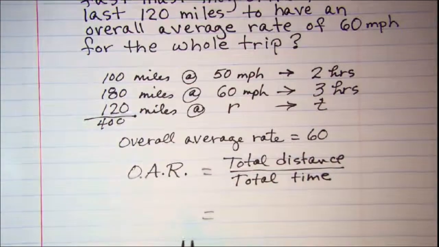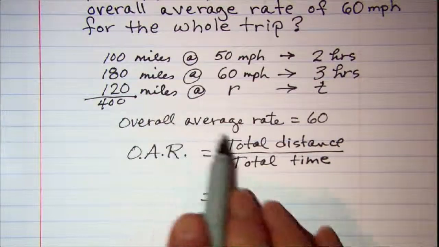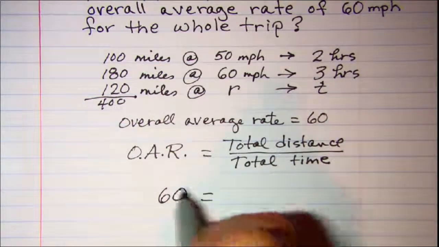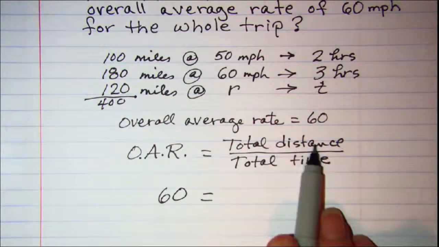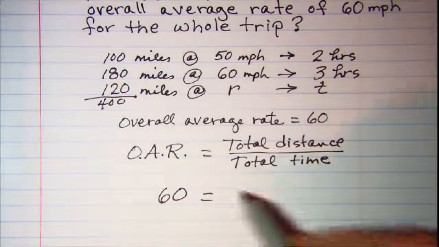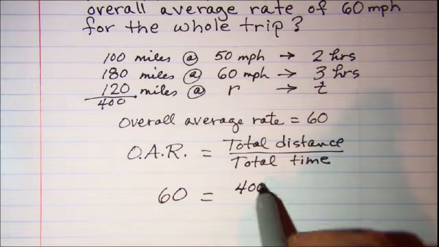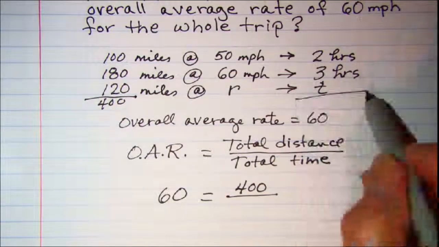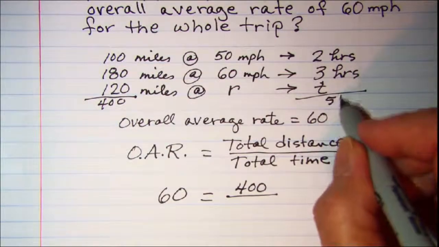My equation then, my overall average rate here on the left is going to be 60. On the right, my total distance is 400. And my total time is 5 plus t.